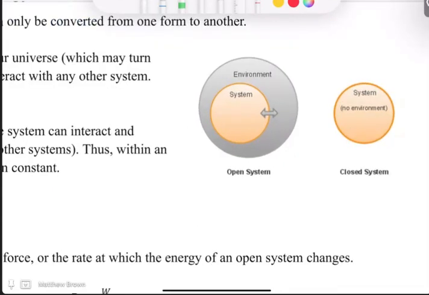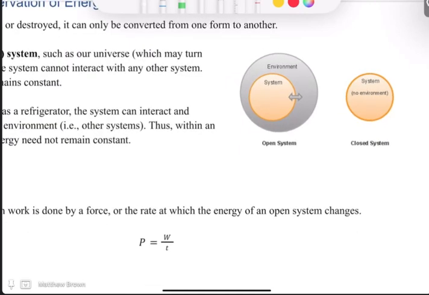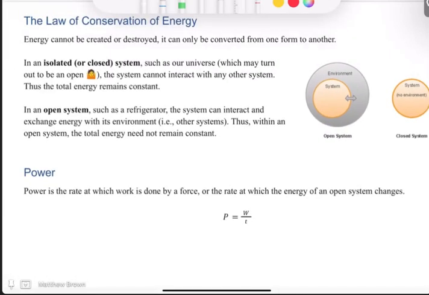There's a little diagram of it: an open system is interacting with its environment, exchanging energy, whereas a closed system you look at like an isolated thing, even if it's just for solving a problem. You're just saying, I'm going to look at this as a closed system. In a real situation there might be some exchange. Even if you try to isolate a box, it's probably going to radiate and all that, so you're going to have issues, but we'll look at it that way.